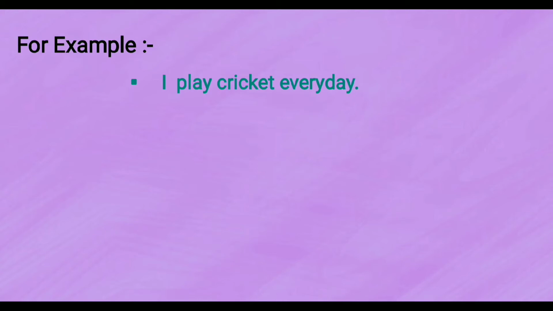We use do not with I. So I do not play. We write play as it is because it is already in its root form. So we write: I do not play cricket every day. This type of sentence is easy to make negative. Just use do not.